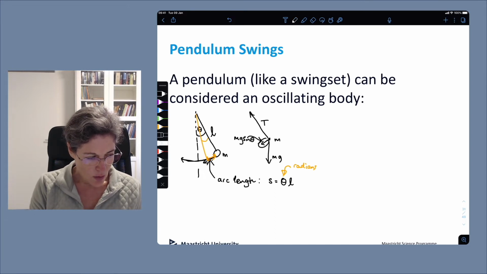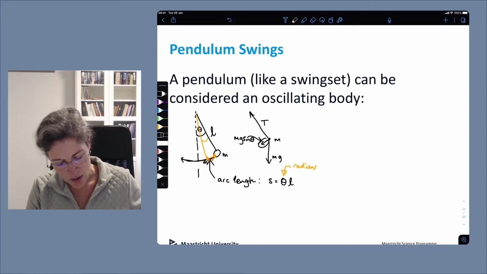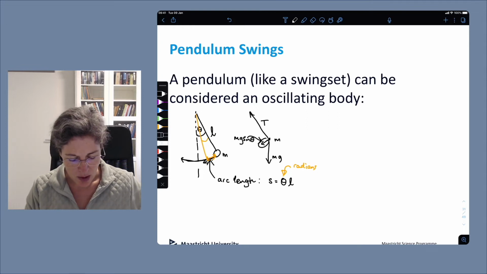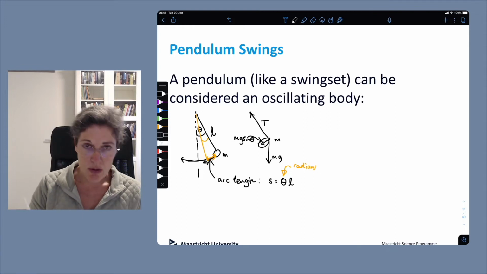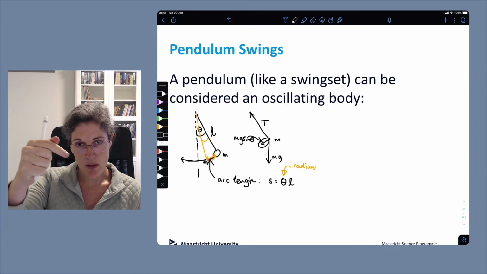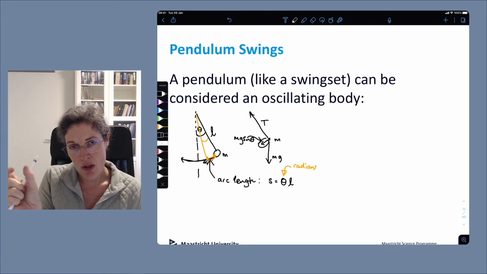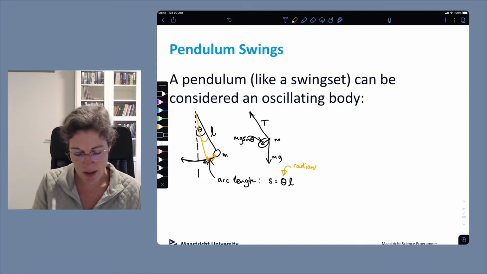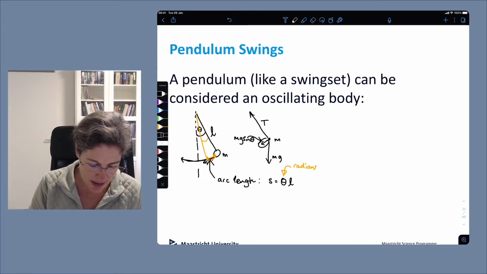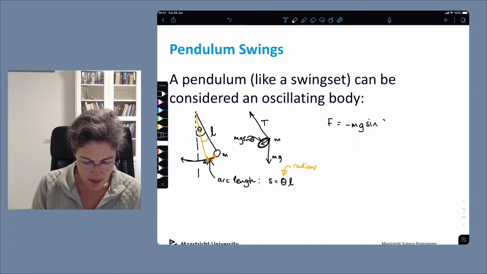Okay, so what can we do with all of this? Well, the force that we're interested in, the force acting in the direction of movement, is equivalent to thinking about just the force in the x direction when we were looking at our mass moving with a spring. Here the force acting in the direction of movement is given by minus mg sine theta, so I should have had a minus sign over there.